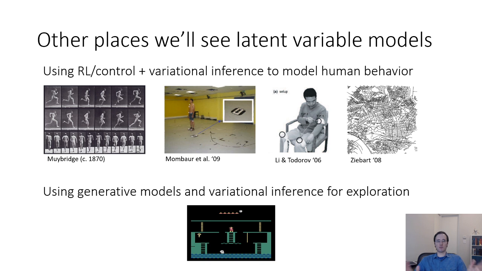However, usually it is much easier to represent generative models as latent variable models, because a generative model typically needs to represent a very complex probability distribution. And it is much easier to represent a complex probability distribution as a product of multiple simple probability distributions. So for that reason, while generative models do not need to be latent variable models, oftentimes it's very convenient when we have a complex generative model to model it as a latent variable model.